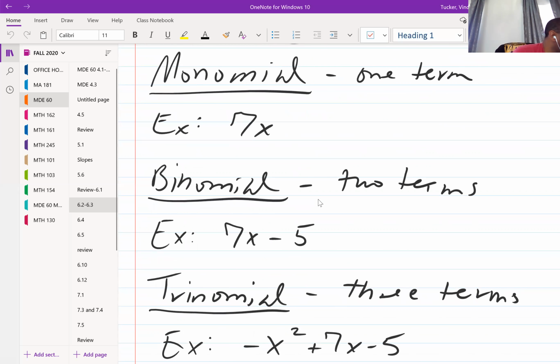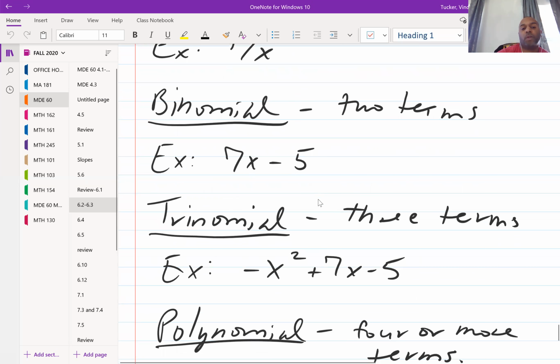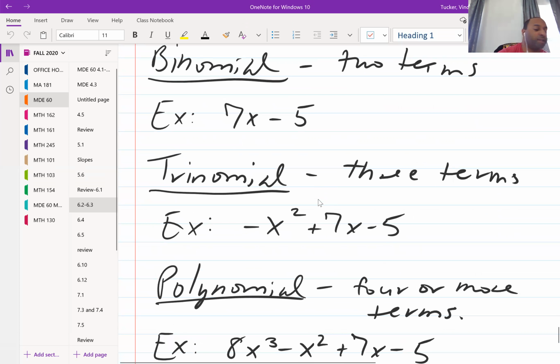A trinomial is three terms. And just regular polynomials, poly is many. So for four or more terms, just go ahead and call it a polynomial.